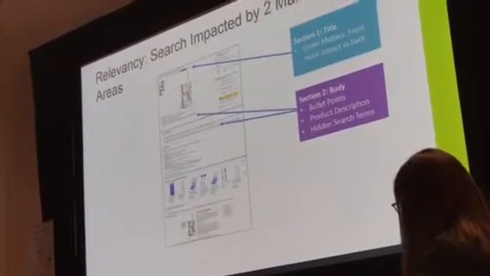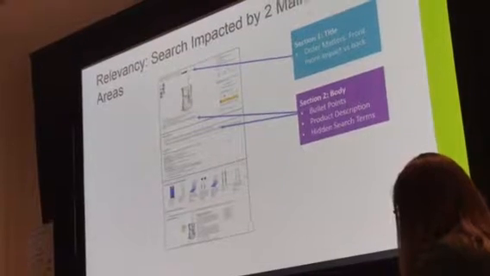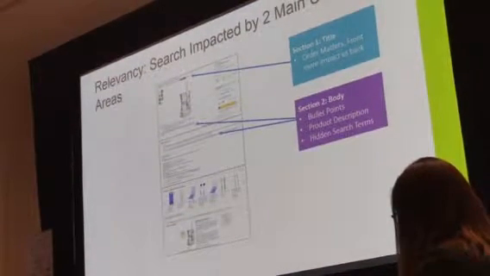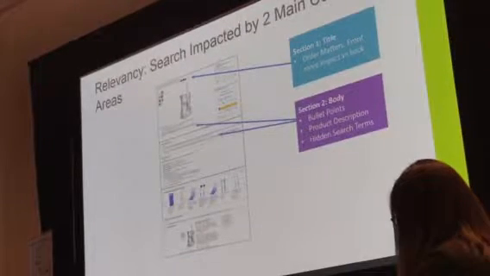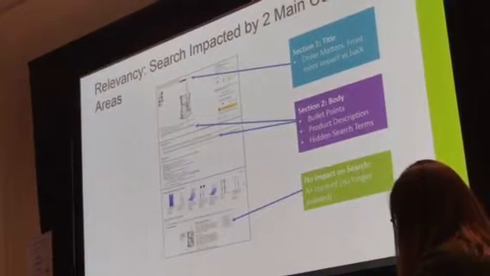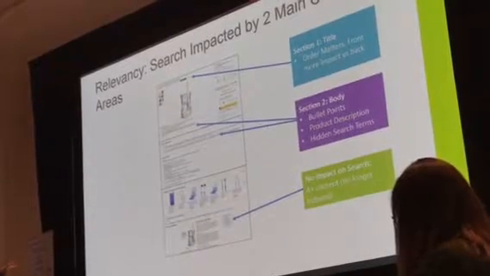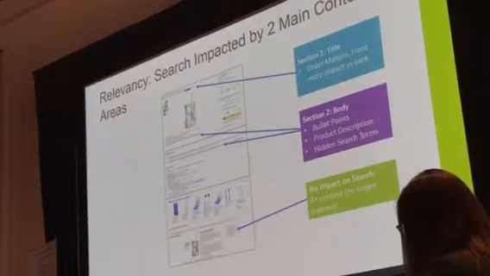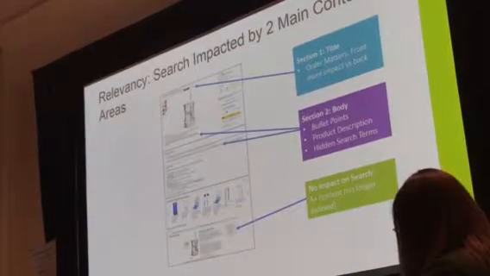The next section is the body of the content. Amazon specifically looks at the bullet points, the product description, and then the hidden key terms. And then moving ahead, because we're a little short on time, the last section is something that's relatively new within Amazon search: they are no longer indexing, from what we can tell, the A+ content.